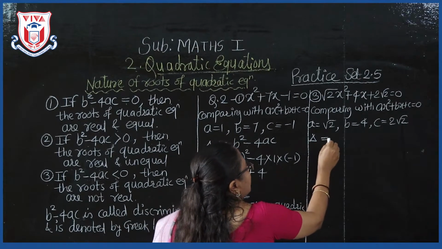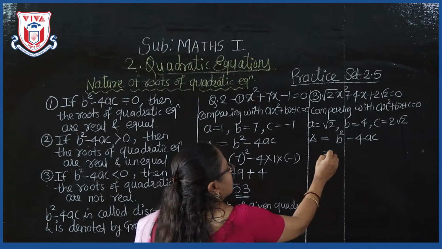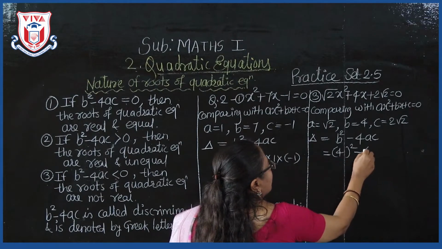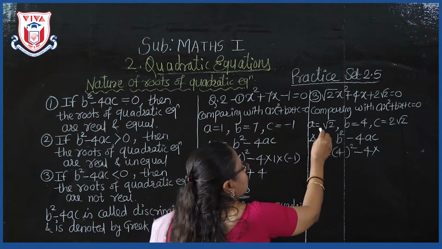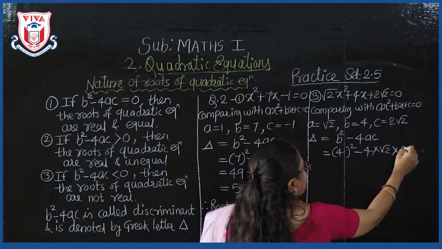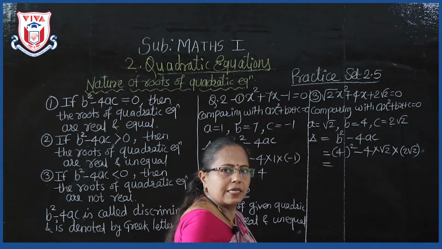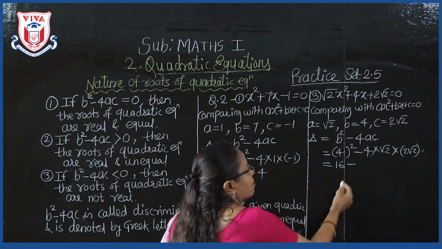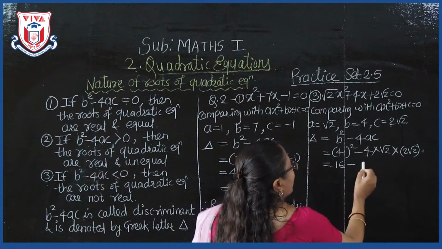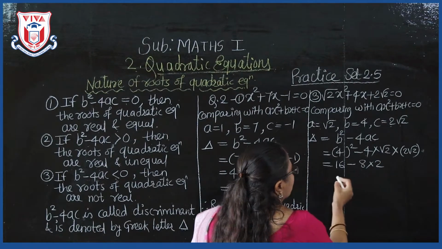So delta is equal to b square minus 4ac, where b value is 4. So 4 square minus 4 into a, which is root 2, and c, which is 2 root 2. 4 square is 16 minus, first we will multiply rational numbers, 4 2s are 8 and then root 2 into root 2 is 2.